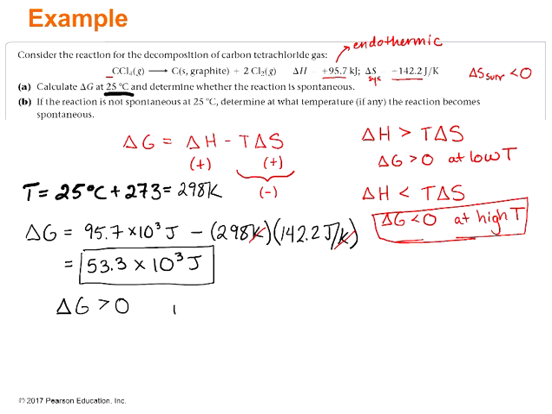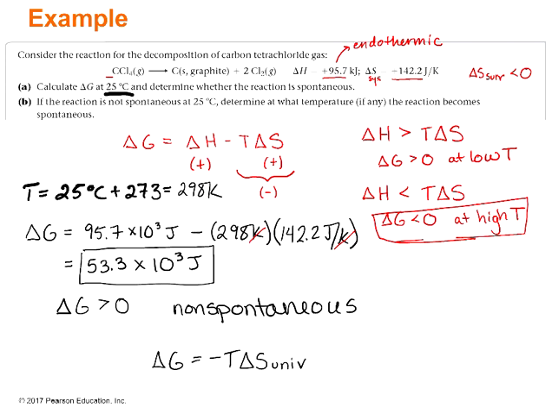So it's non-spontaneous. So this is the opposite of entropy. So remember, delta G also equals negative T delta S of the universe. So if delta S is positive in spontaneous processes, that means that delta G is negative in spontaneous processes.